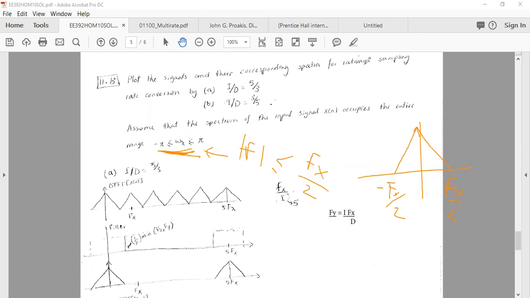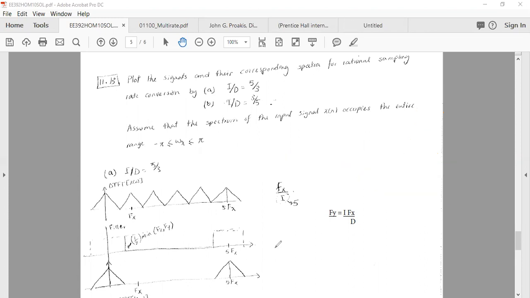Now we have a signal x of f. The frequency response of x in terms of normal frequency f is given like this, right? Now, if you have that signal, it is similar to this particular signal that we have over here.